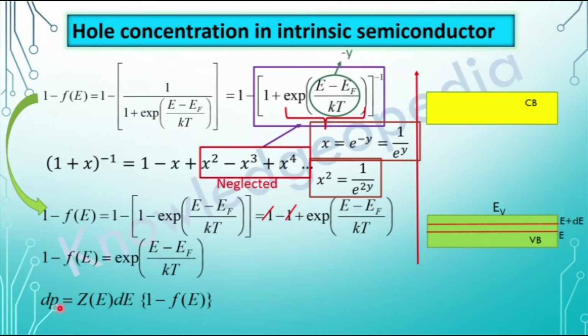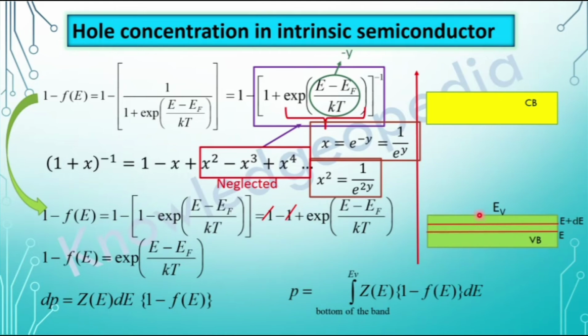Once we obtain this small number of holes between E and E plus dE, we can find the total number of holes present within the valence band by integrating this function. So P is equal to the integration of Z of E dE times (1 minus f of E), and coming to the limit of this integration, we are considering the energy lying below EV.